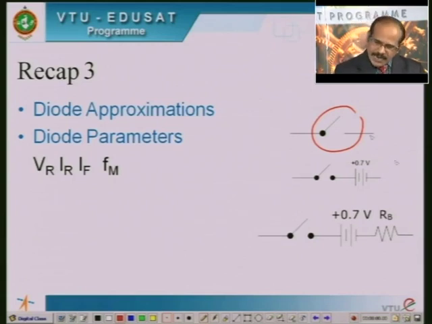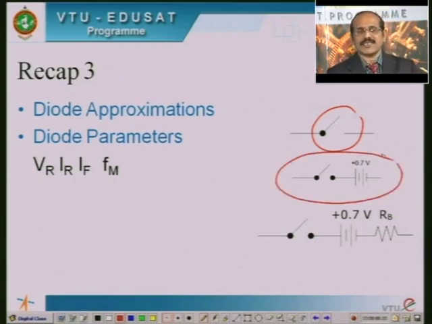In the second approximation of the diode, the diode is represented by a switch in series with a 0.7 volts voltage drop.